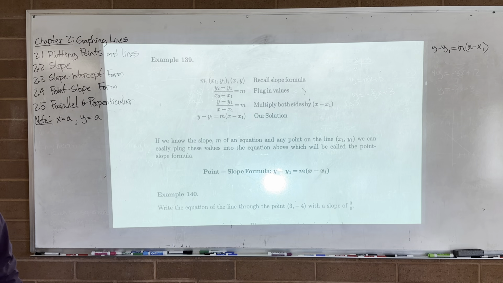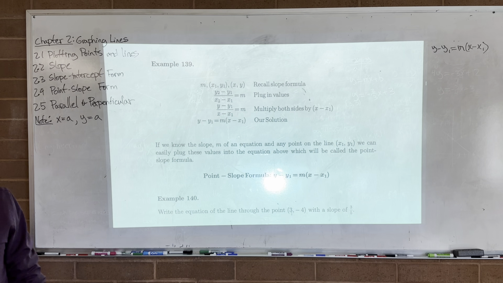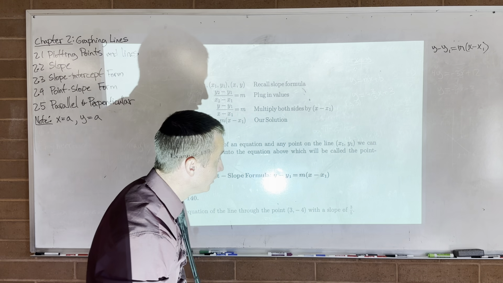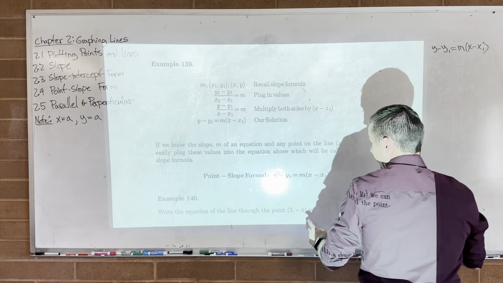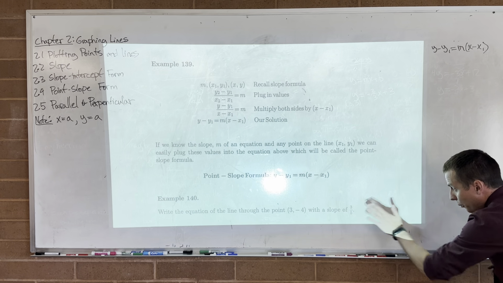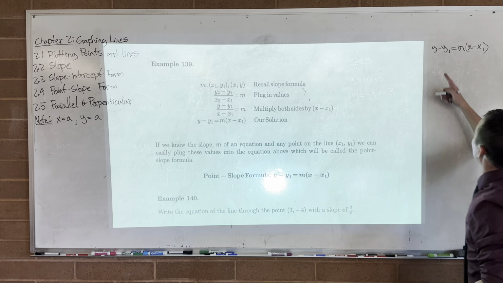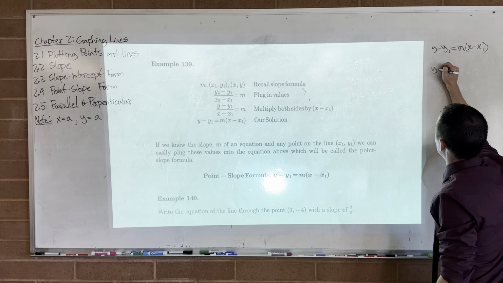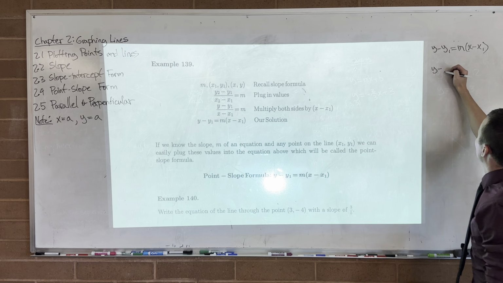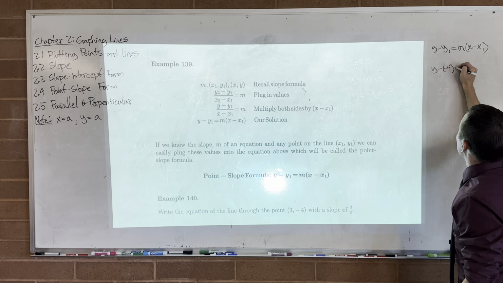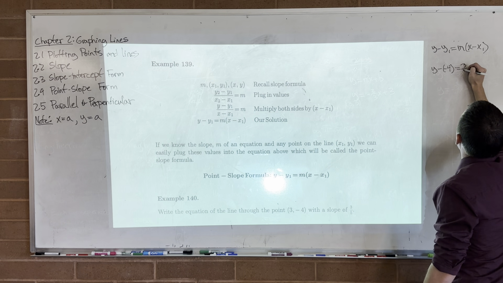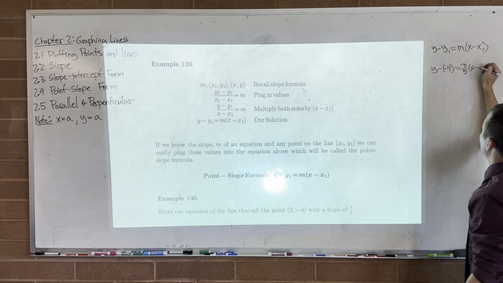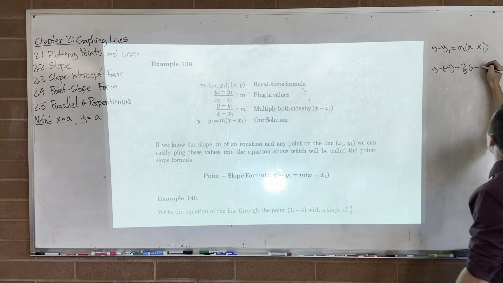So let's do it. We have a line that goes through (3, negative 4) with a slope of 3/5, and we're looking for the equation of the line. So we're going to have y minus, what's y1? Negative 4, is equal to, what's my m? 3/5, times x minus, what's x1? 3.